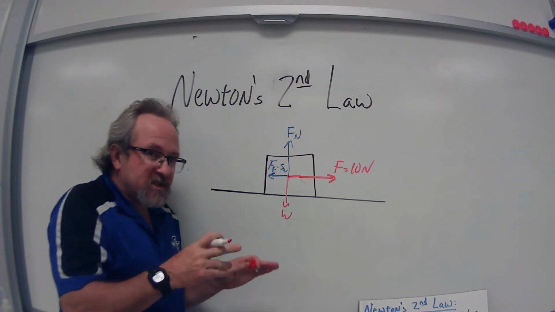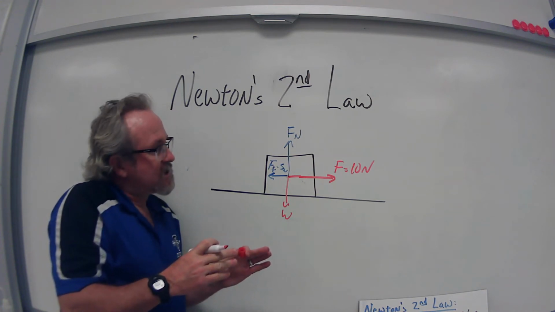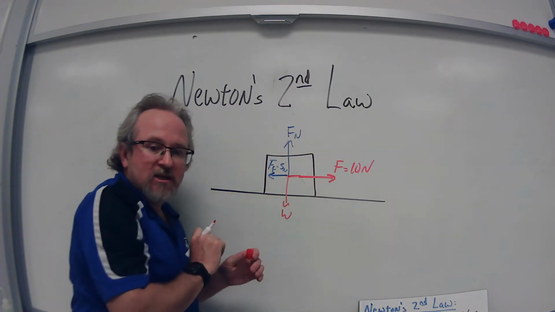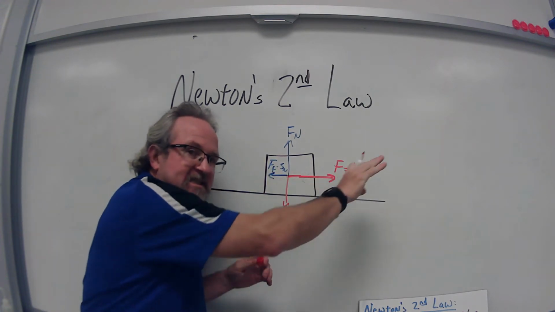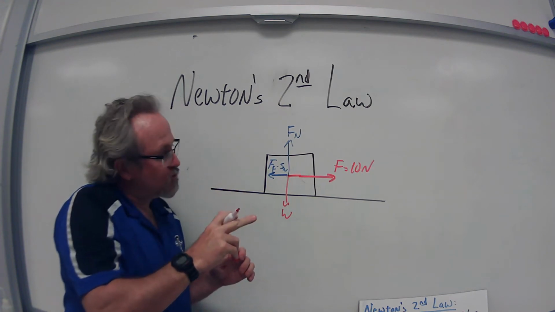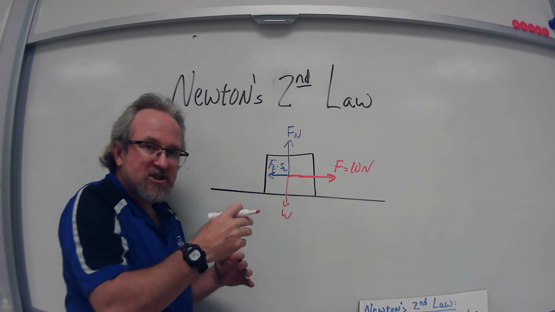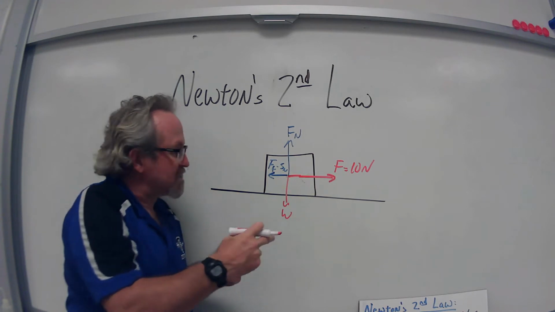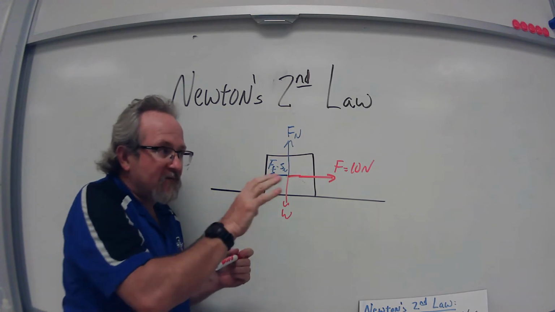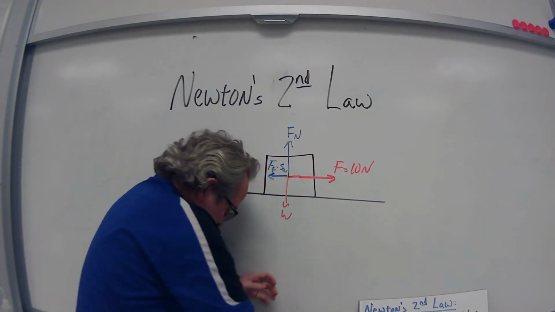Now, here's what Newton's second law states. It says that the acceleration, or how fast this thing is going to change its motion, how fast is it going to accelerate, is directly tied to how much net force there is, how big that net force is. Well, in this case, the net force is 5, and that force will cause an acceleration.